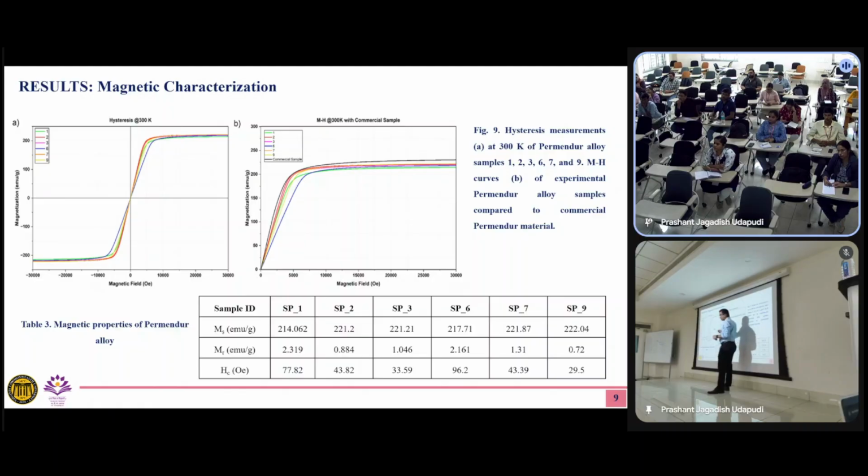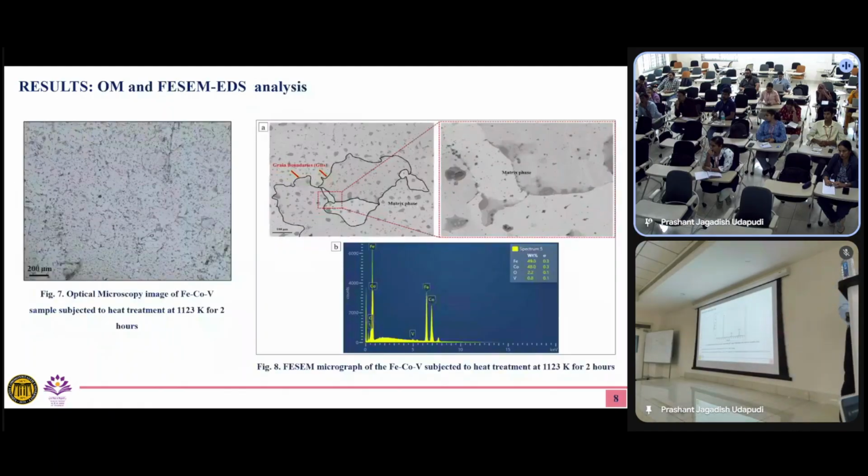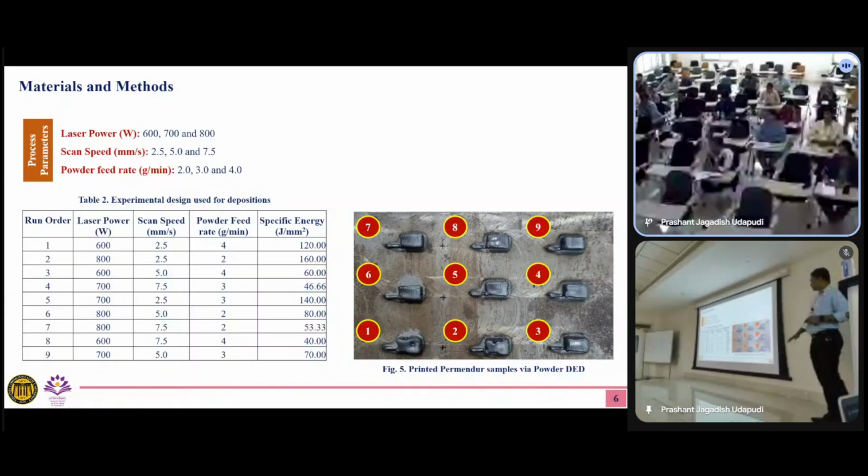But the blue one did not, it has a lower slope, meaning lower relative permeability. So we should not be using these parameters. Blue corresponds to sample number 6. Sample number 6 had these parameters.